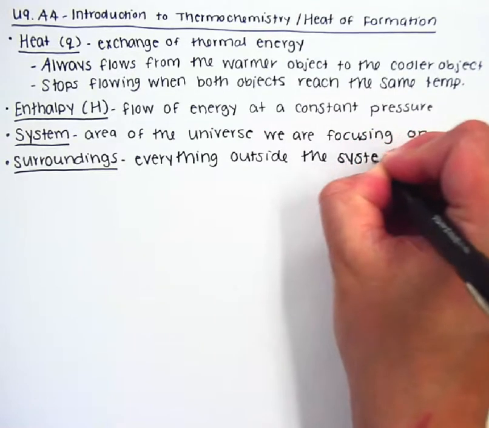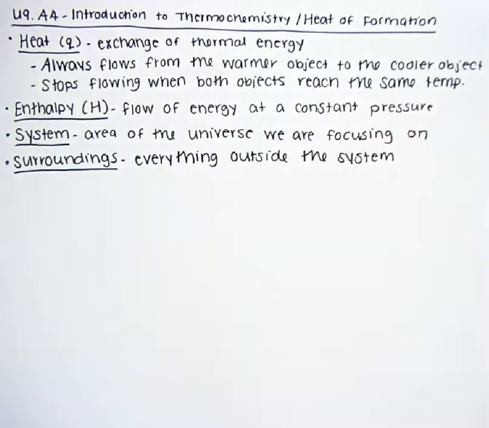So here's why this matters. Let's say we're talking about the hot cup of coffee. The coffee is what we're focusing on. So coffee is the system. That means the coffee cup would be the surroundings. If we're talking about energy flow, heat is going to flow out of the coffee and into the coffee mug.